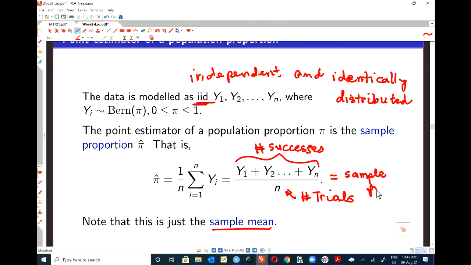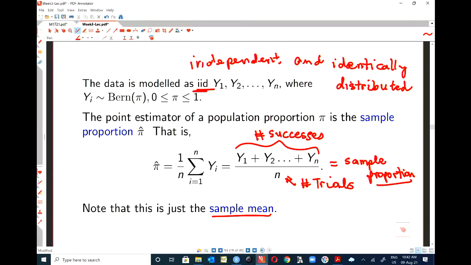So I'm taking my estimate of the proportion as the sample proportion. But of course, in this case, this is also the sample mean, because essentially I'm just adding everything up and dividing by the number of observations I've got here. So this is also a sample mean in this case.